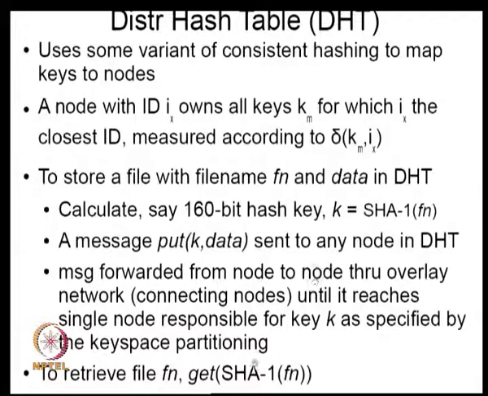So that's where it is stored. If you want to get it, you send a get, again take the file name and compute the key and ask for it. It can be given to any node, and then it is again forwarded and picked up from wherever it is, and it comes through the overlay network back to the client.